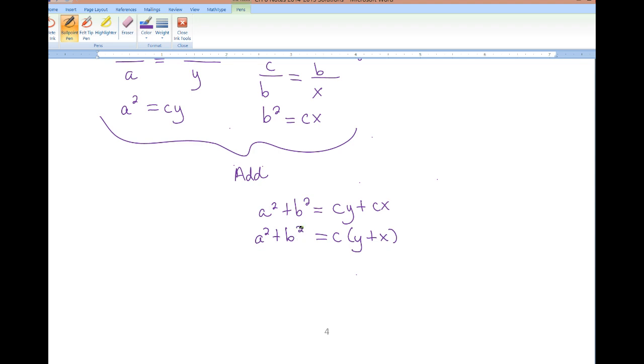Why would I do that? Notice I get y plus x in parentheses. Look back at your picture. What's y plus x? What is it? It's C. Yeah, it's c, right? So if I have c times c, we get c squared.